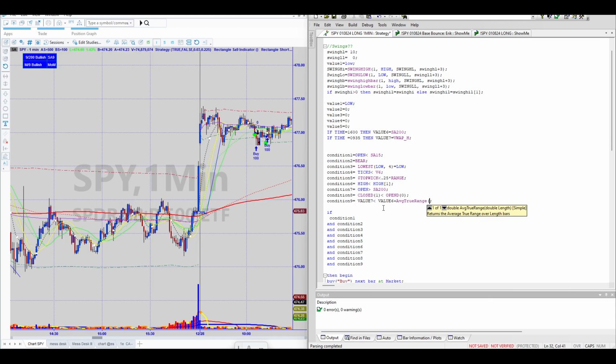I want to do it over the whole day. I thought that there was a trading range for the whole day. Range, can we do range of the day? That's number of bars.